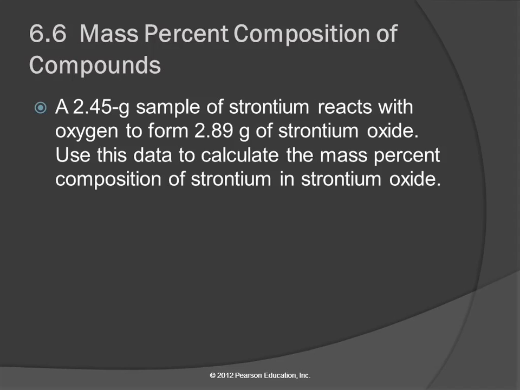So let's look at something like this. A 2.45 gram sample of strontium reacts with oxygen to form 2.89 grams of strontium oxide. Use this data to calculate the mass percent composition of strontium in strontium oxide.